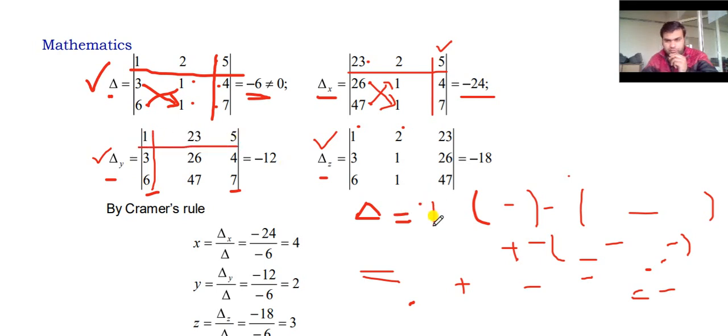So we have taken 1, so we write 1. So 26 into 7 is 182. So we write here 182 minus 47 into 4, 188.